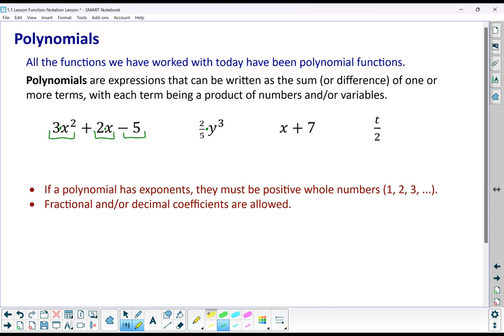So you can see we have a couple of exponents here, and they are positive whole numbers. And fraction or decimal coefficients are allowed. So we are allowed to have the 2/5 as a coefficient, or we could have a decimal coefficient as well. For example, 2/5 is the same as 0.4, so this would be the same as 0.4 y to the third.